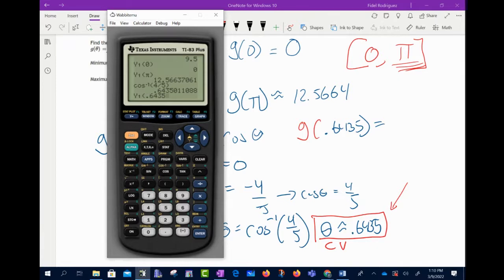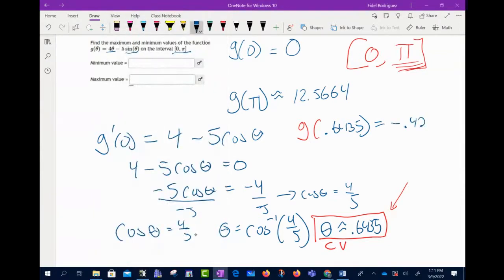And if you want to be even more precise, you can enter in exactly what we had here, cosine inverse of 4/5. Or guys, the other thing you could do, put a few more decimals. Right, you could do something like that if you wanted to. Hit enter, and look at the value we came up with, a negative point. If I'm rounding to 4 decimal places, everybody agree with a negative 0.4260, right? Okay, so here we go.